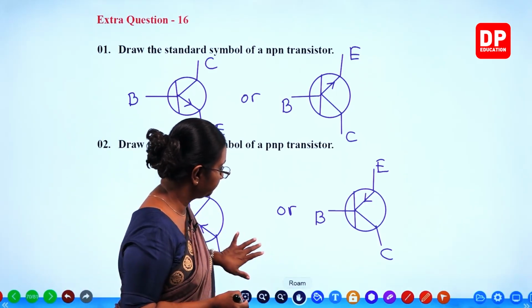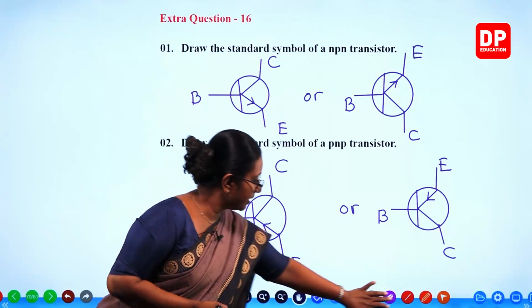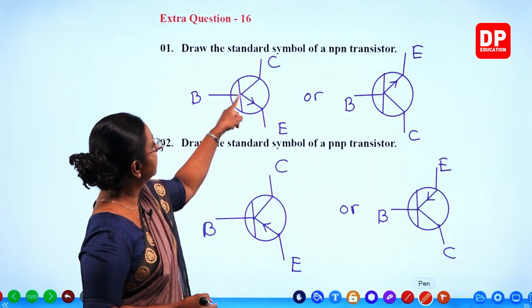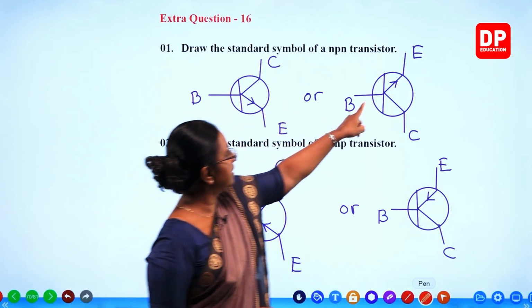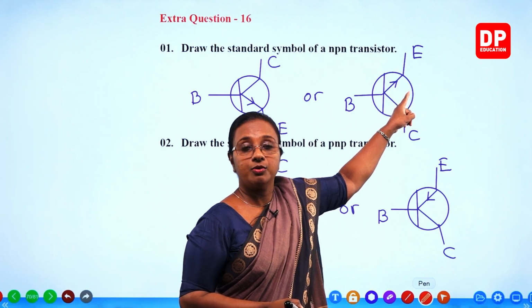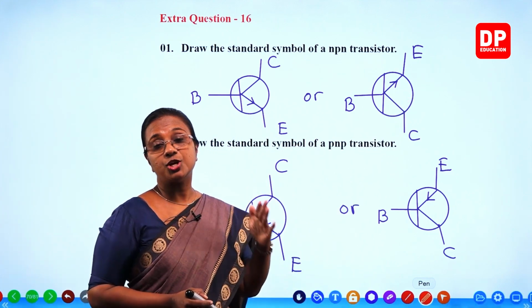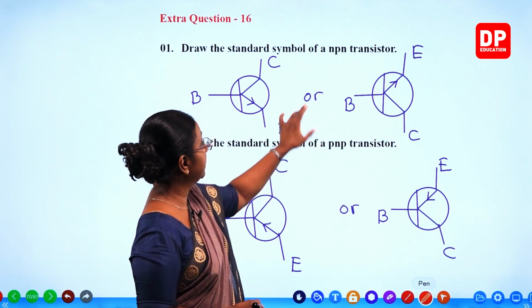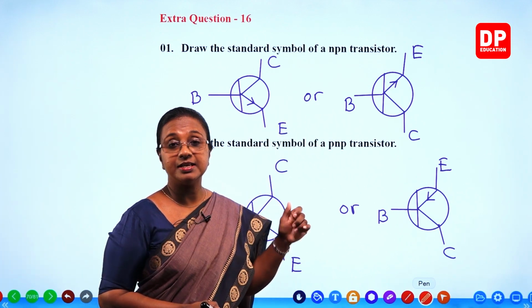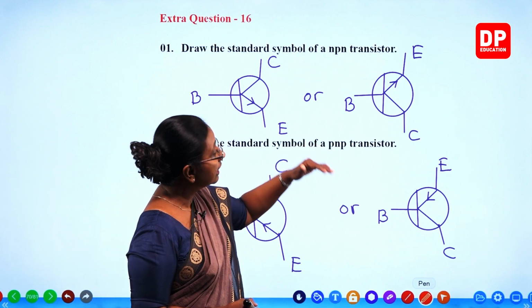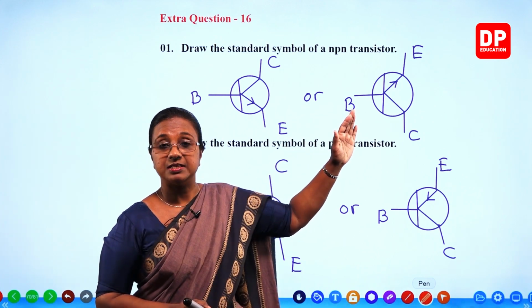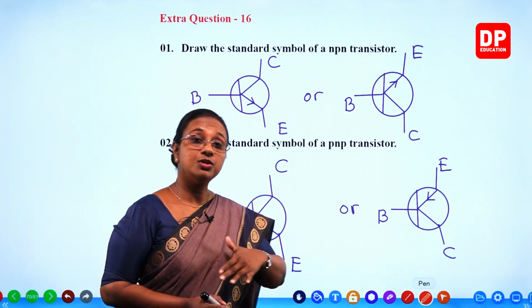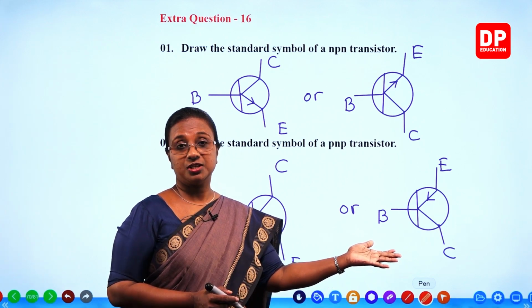In both, you can see there, students, here the arrowhead points outwards, here also the arrowhead points outwards. So it is the direction of the arrowhead. In an NPN transistor, current flows from collector and base to emitter, towards the outward direction.